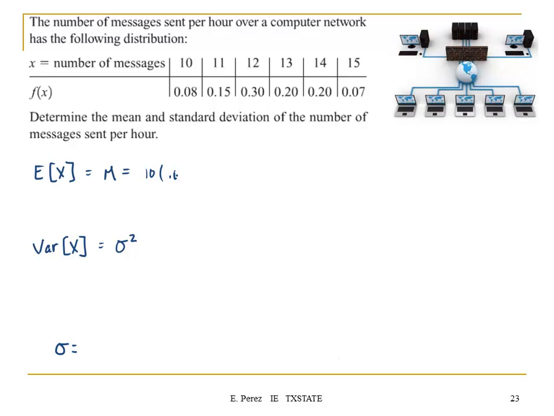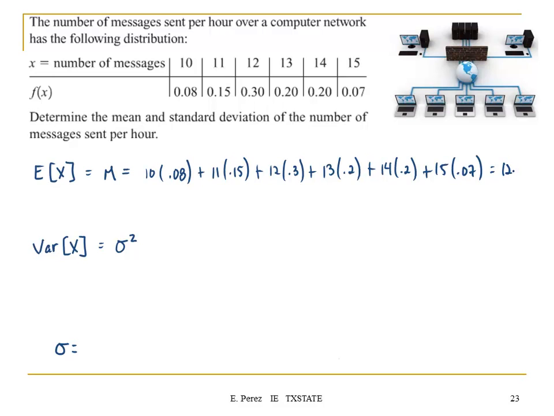So this is 10 times 0.08 plus 11 times 0.15 plus 12 times 0.3 plus 13 times 0.20 plus 14 times 0.2 plus 15 times 0.07, and that is 12.5. You already got that one, right?